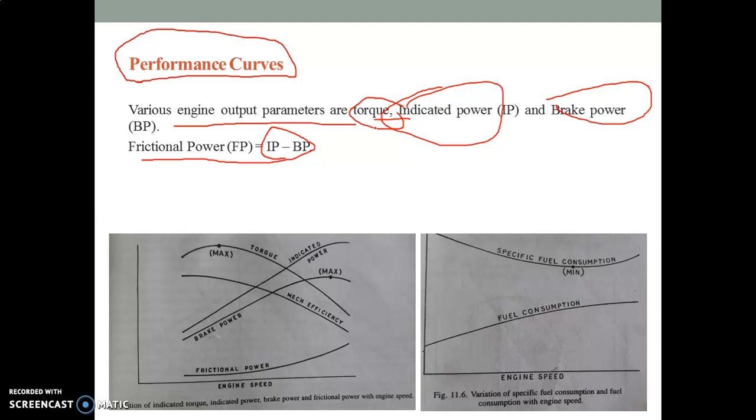Engine curves are always given for full throttle conditions, which rarely occur on the road. We will finish up to this point for this lecture, and the performance curve discussion will continue in the next lecture.